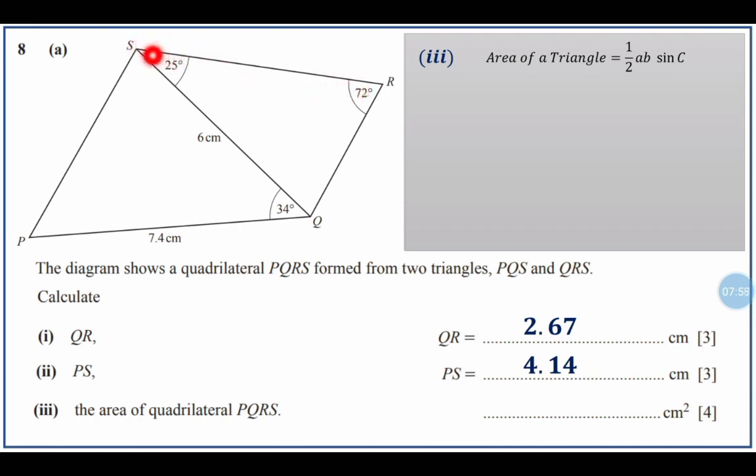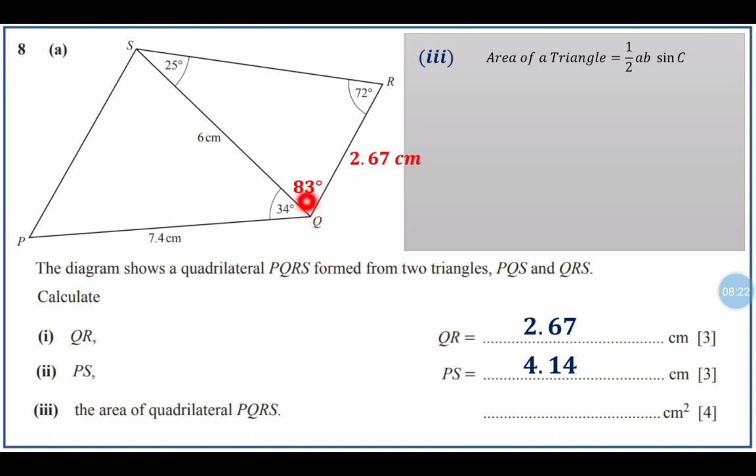So when we say adjacent sides, the adjacent sides of 25 here are this and this one. So I will not be using either 72 degrees or 25 degrees. Rather I will just compute for the other angle, which is 83.